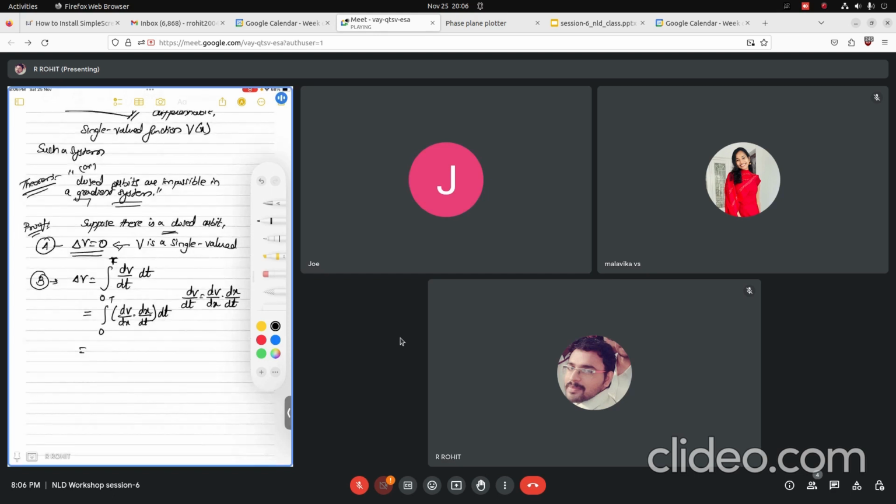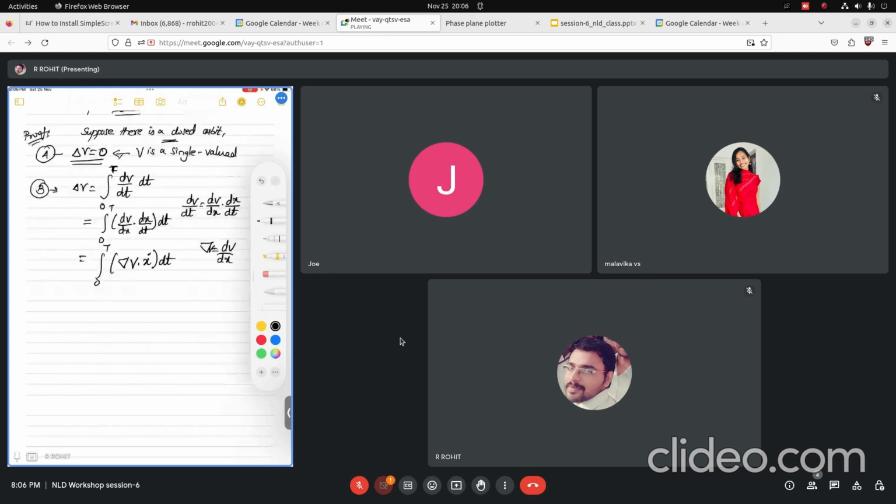Now dv by dx is nothing but the gradient. So the integral from 0 to t is the gradient of v times x dot into dt, where dx by dt is x dot. And from the equation we know x dot is equal to minus del v for a gradient system. So if we substitute, del v is minus the integral from 0 to t of x dot into x dot dt.